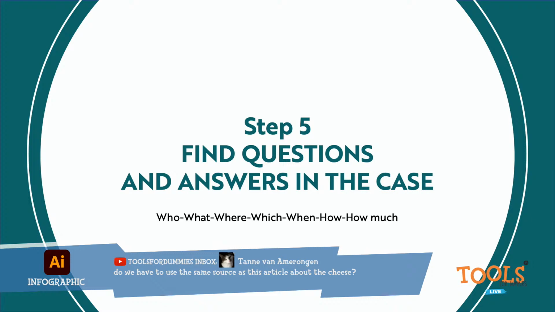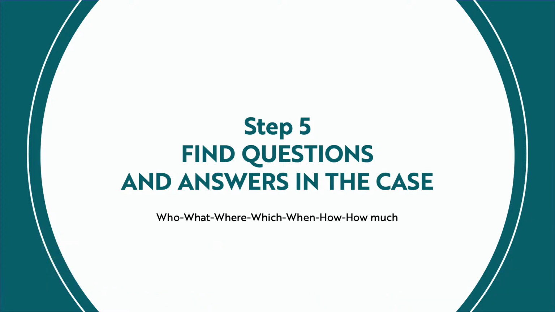One question from Tanne: do we have to use the same source as this article about the cheese? We just made an example. You don't have to make an infographic about cheese. It's about your own food issue of the project. Probably in the project they will talk about this topic, and then you create your own infographic about that issue.